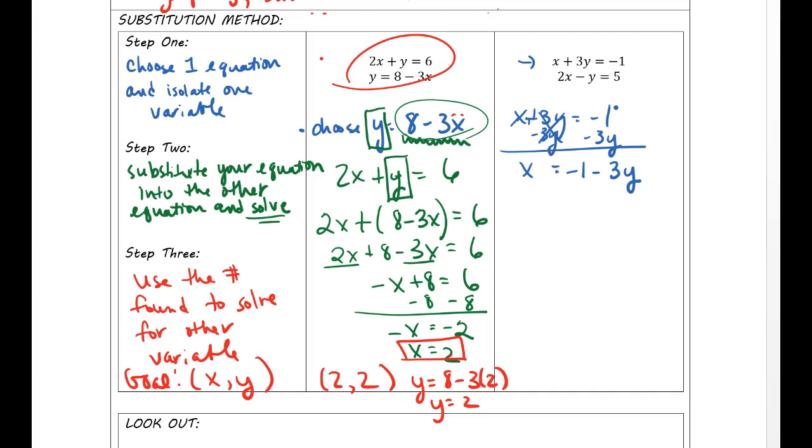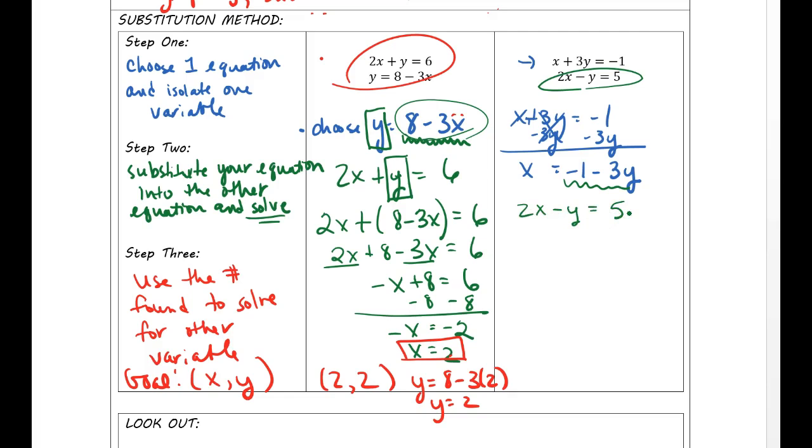I chose one equation and I isolated one of the variables. Now, step 2. I need to take what I just did and substitute it into the other equation. So what's the other equation? Well, the other equation is right here. So it is 2x minus y equals 5. So now let me decide what to take out and what to plug in.